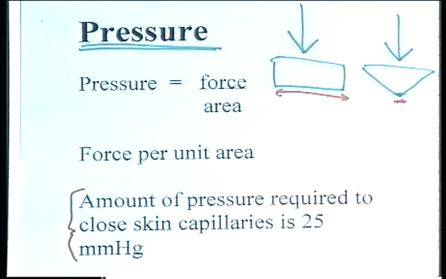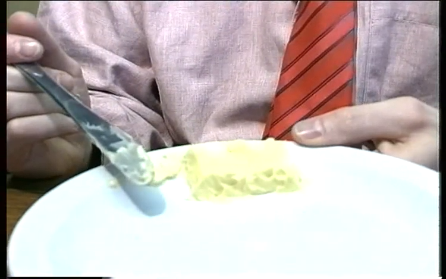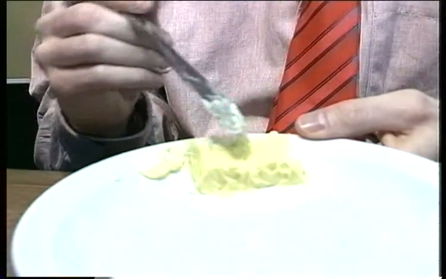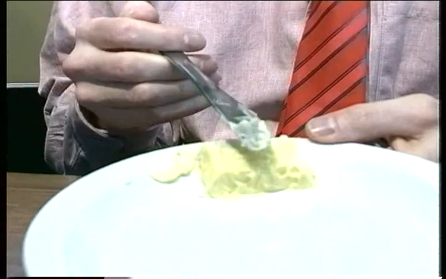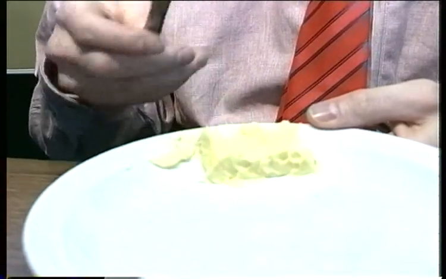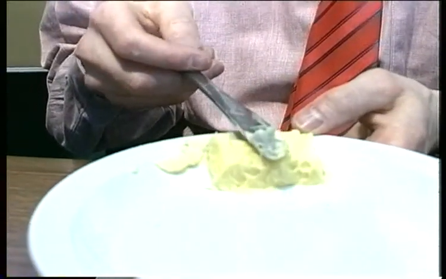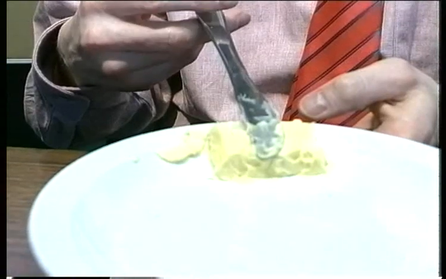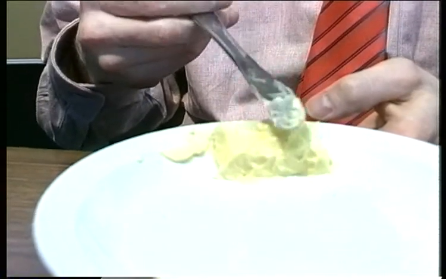So let's look at a few examples of this now to try and bring it to life a bit. So a simple demonstration of pressure just with a knife and some margarine here. When I rest the knife on it with the flat of the knife, I've got the weight of the knife acting over that flat part of the knife, the area. So the area is fairly wide and the knife doesn't sink in, it just sits on the margarine there.